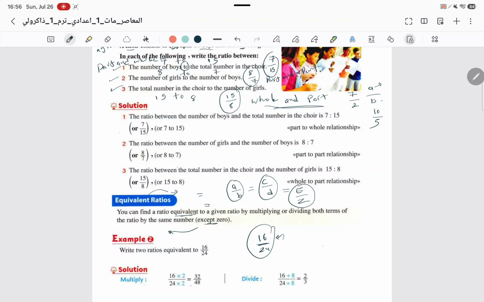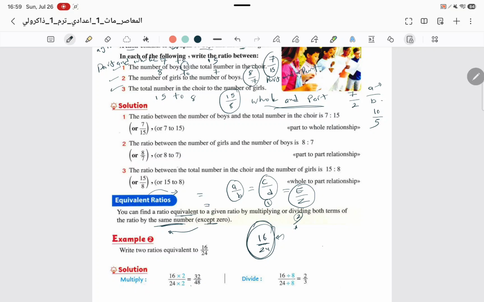Okay, and by multiplying that ratio or dividing, so I have two choices. This is the first choice, and this is the second choice. The first choice, by multiplying the top and the bottom, or by dividing the top and the bottom by the same number, except what? Except 0. Let's see that ratio. We have 16 over 24.